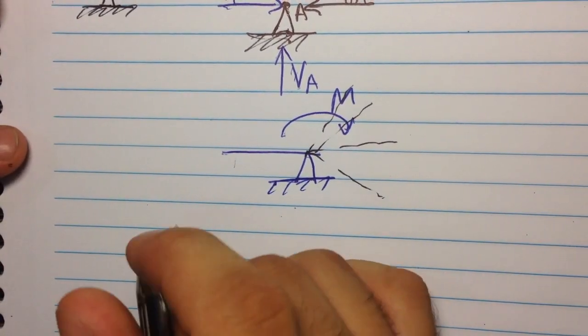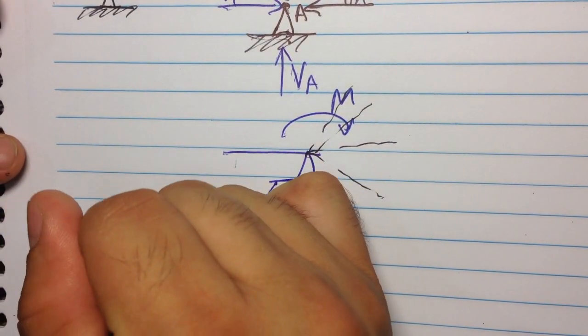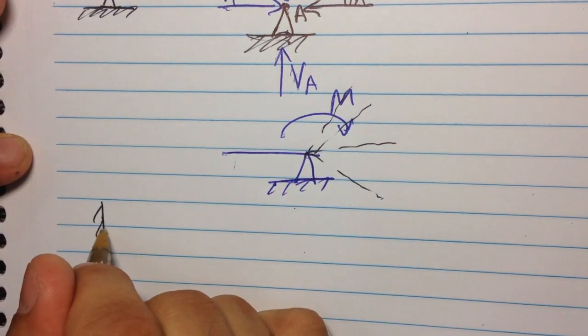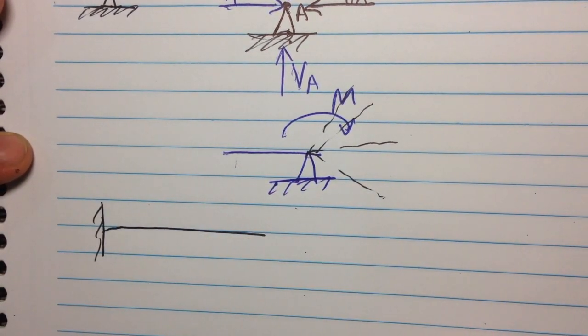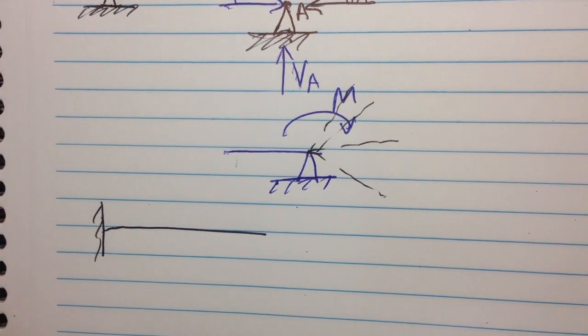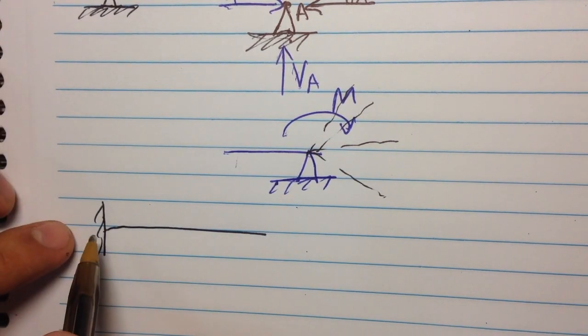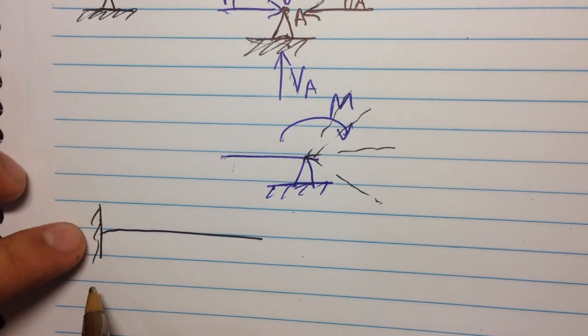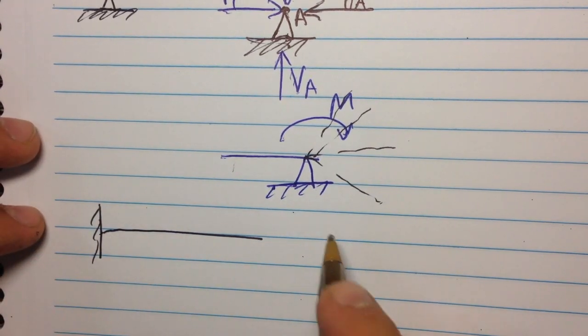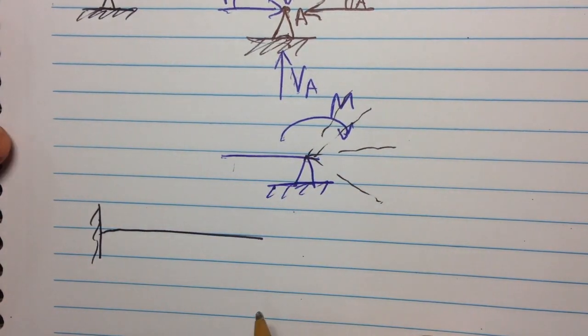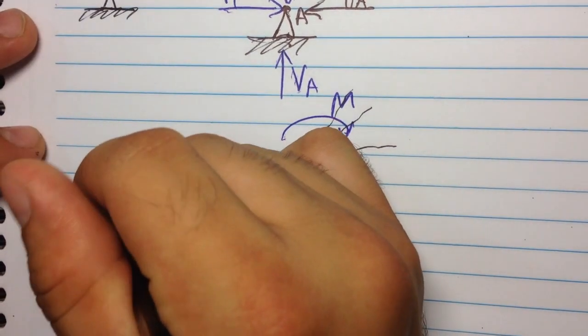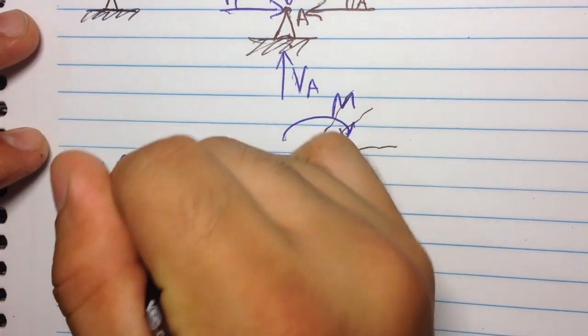Alright, and to finish off, we have a cantilever. The cantilever restrains in three ways. It restrains vertical loads, horizontal loads, and it restrains moments. Let's apply here a load called P1.